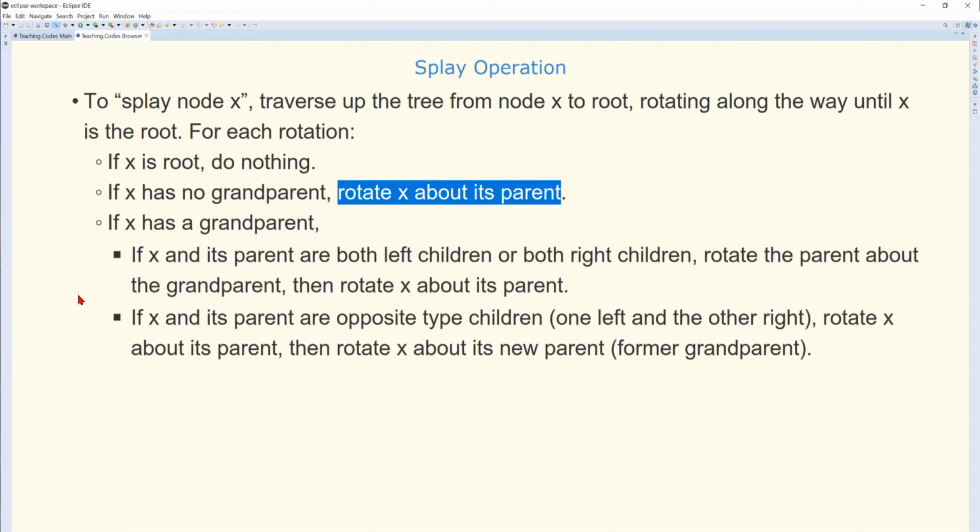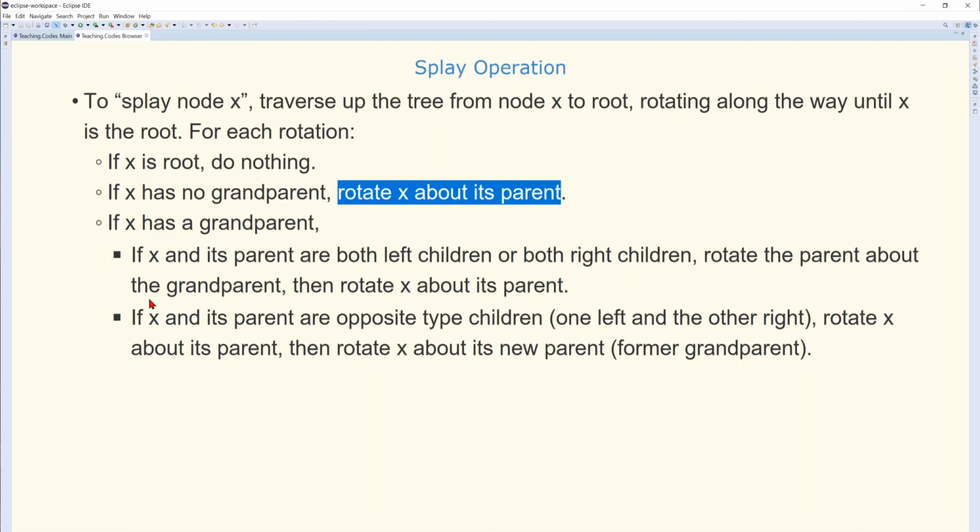Or maybe they're both right children. In that case, you rotate the parent of x around the grandparent, okay? When you do that, the parent of x moves to the upper layer, pulling x up also. And then you rotate x about its parent, which means x goes one level up, taking its parent down. So in two rotations, x is raised by two levels.